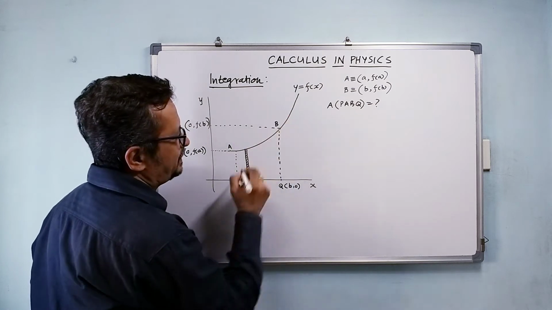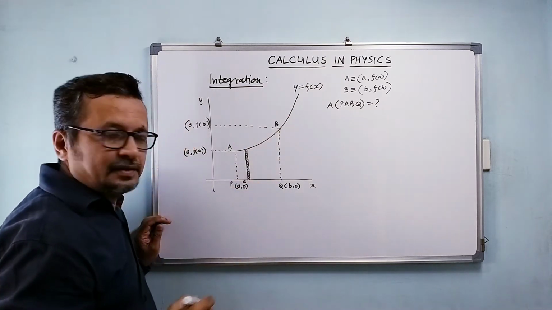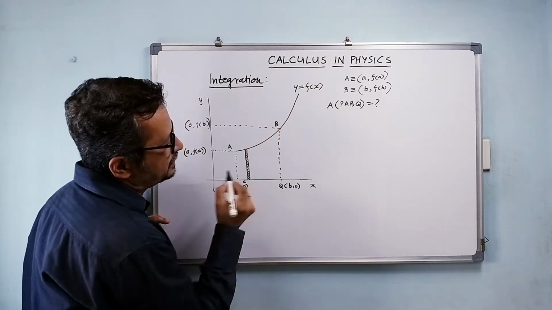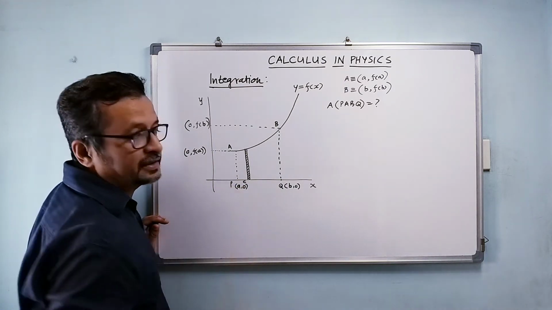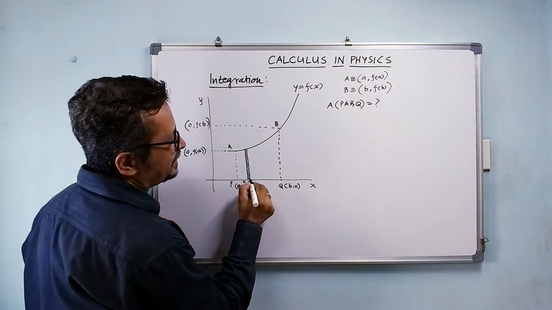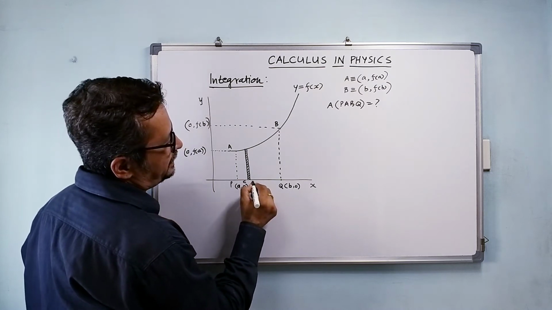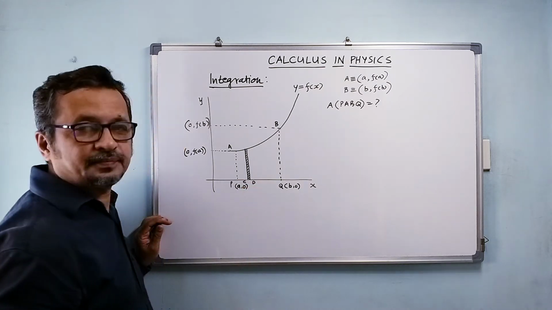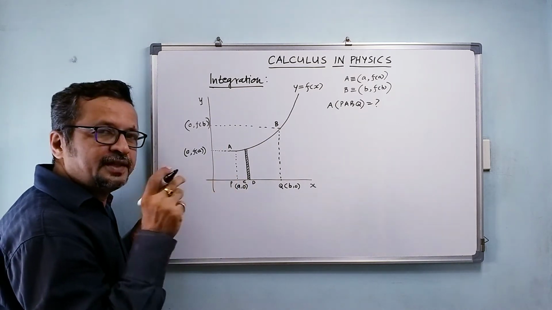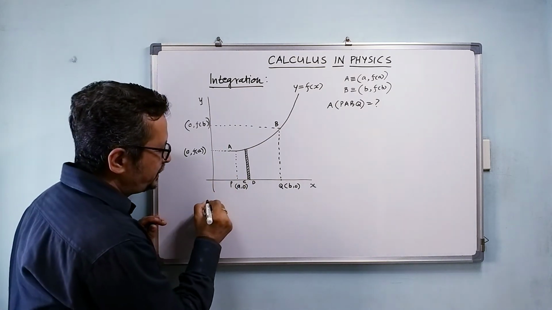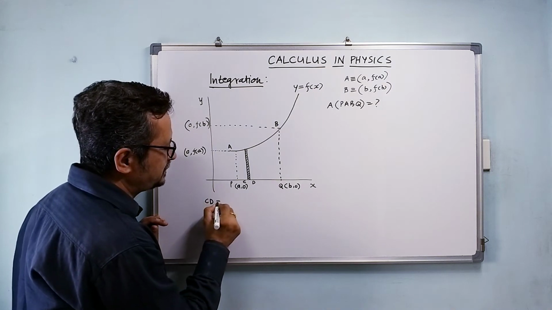I'll say it is ABC. Now the left end of the strip is cutting the x-axis at C, and the right end is cutting at D. Correct? So this strip of width CD, and then width CD is equal to dx.